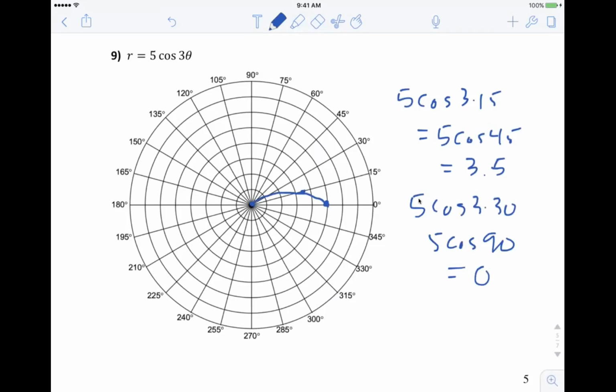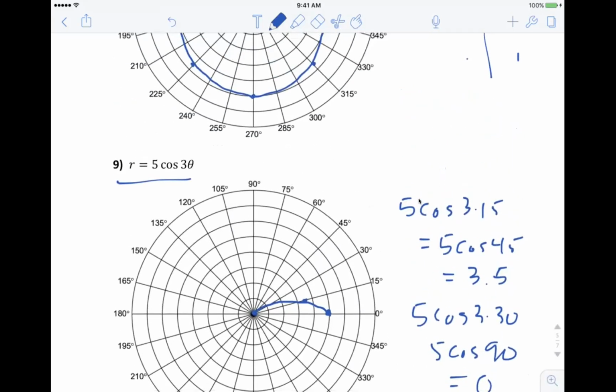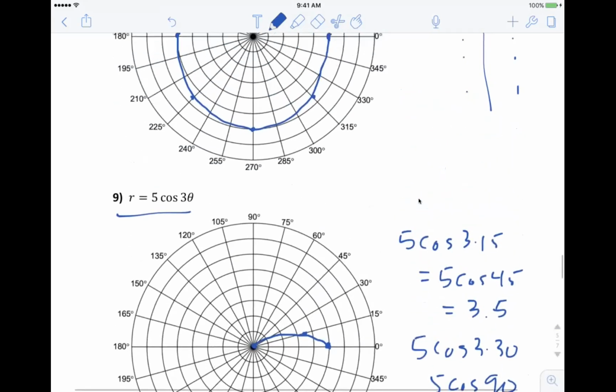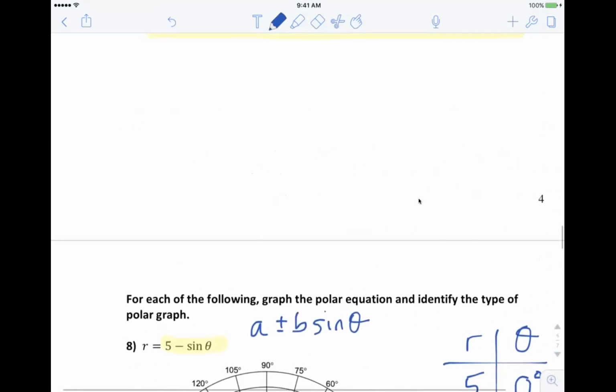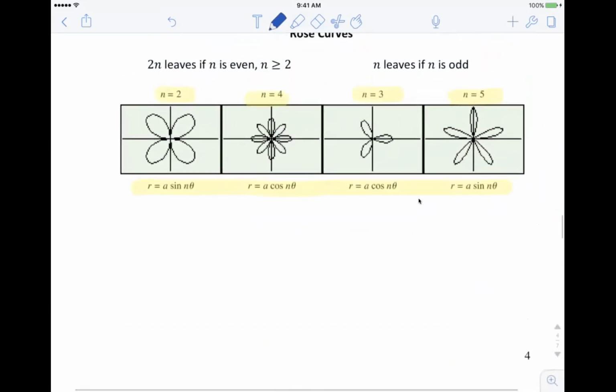And then if I just keep on going, I'm going to do 60 degrees, 75, 90, plug them in and see what happens. Now, what am I expecting to see? That gets to the form of this equation. If I go look at some of the different equations, is there anything that looks like that? A number cosine times a value in front of theta. Well, here they are.